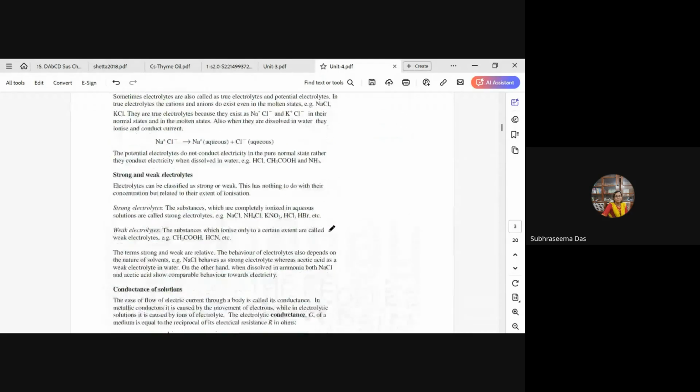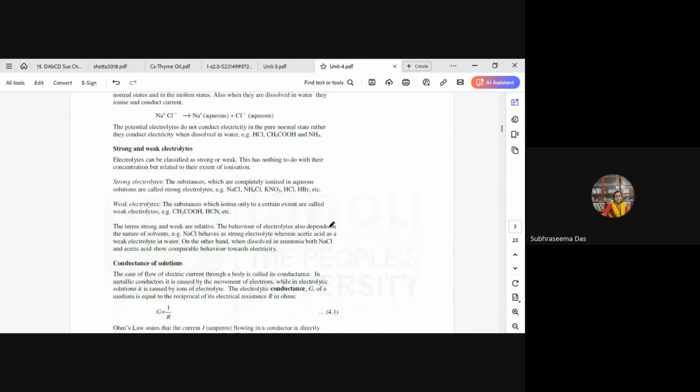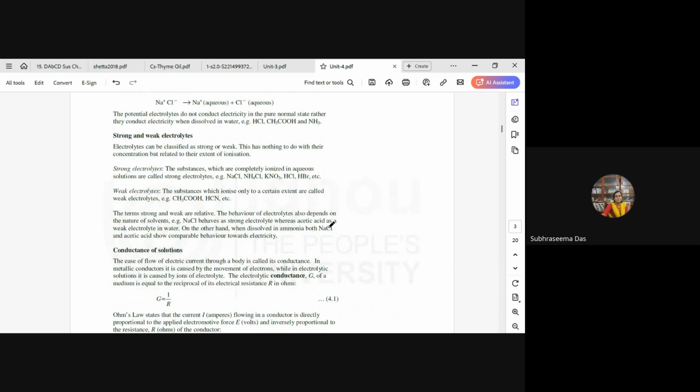Then there is another classification. We call them strong and weak electrolytes. The electrolytes which ionize completely in the aqueous solution, like NaCl and KCl, are called strong electrolytes. The weak electrolytes are those which ionize only up to a certain extent, such as acetic acid and HCN.